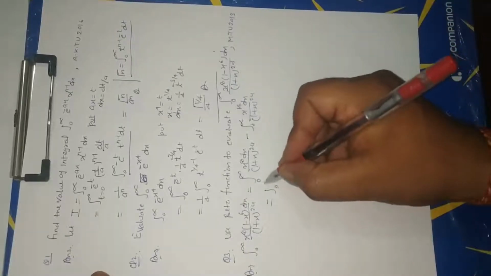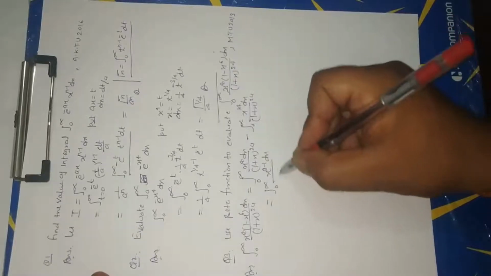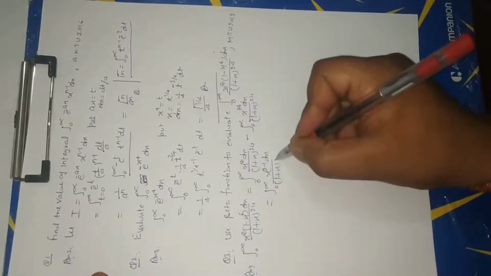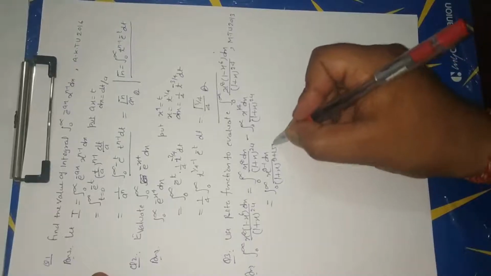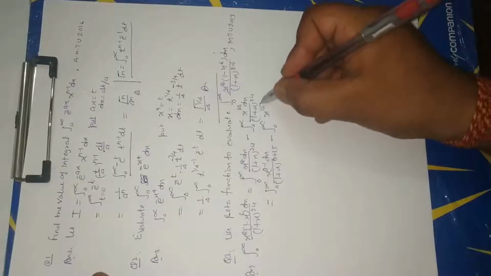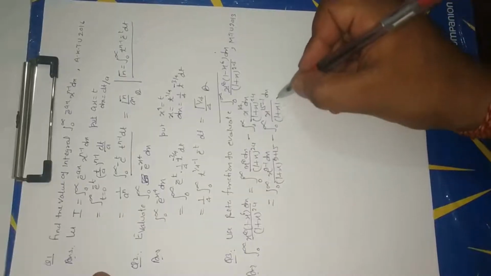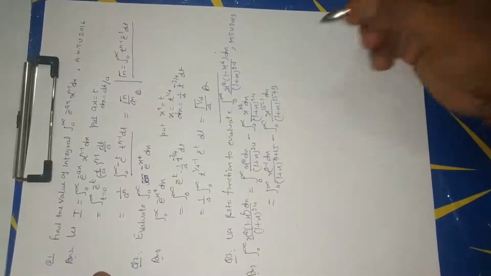This is equal to the integral from 0 to infinity of x to the power 9 minus 1 dx upon 1 plus x whole power 9 plus 15 minus the integral from 0 to infinity of x to the power 15 minus 1 dx upon 1 plus x whole power 15 plus 9.